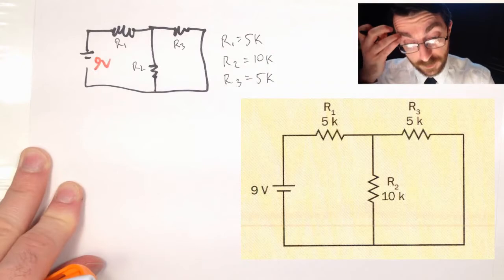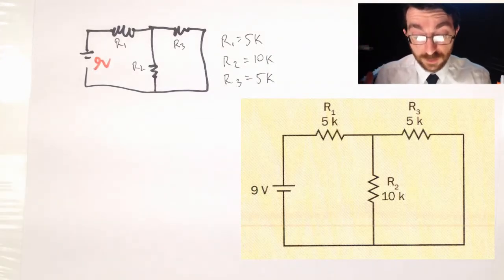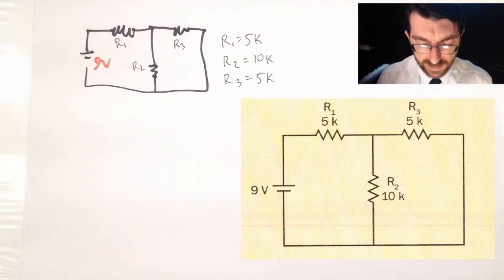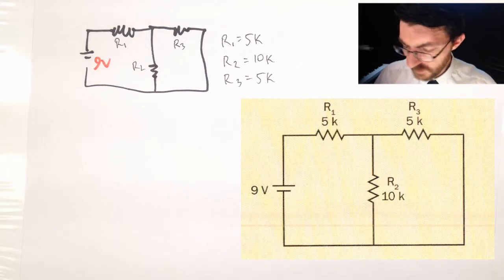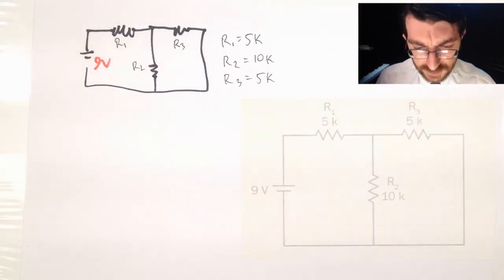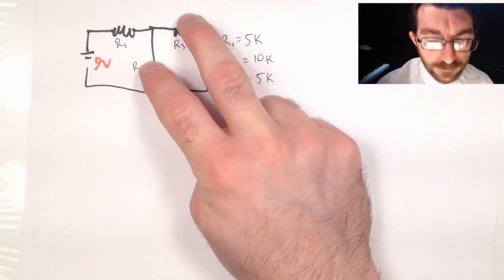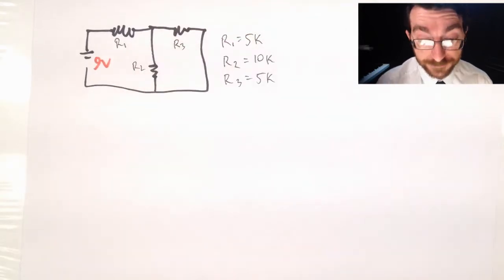So this is one of the circuits that you had for homework this week. So let's begin by solving it. First of all, these two resistors are in parallel, okay?